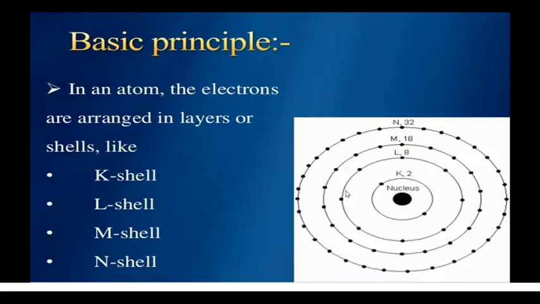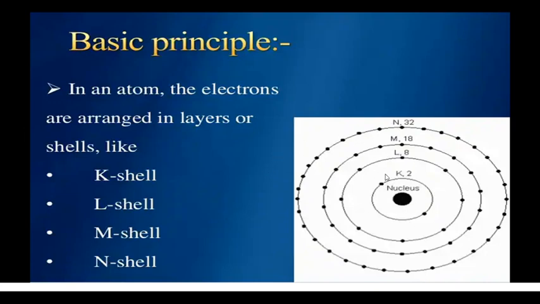Getting more energy, one of the electrons from the inner shell will get ejected out of the atom. I repeat, when the atom gets sufficient energy, the electrons from the inner shell, not the valence electrons, will get ejected out.